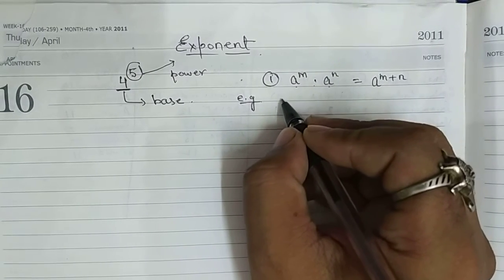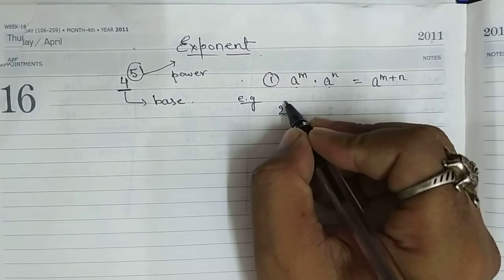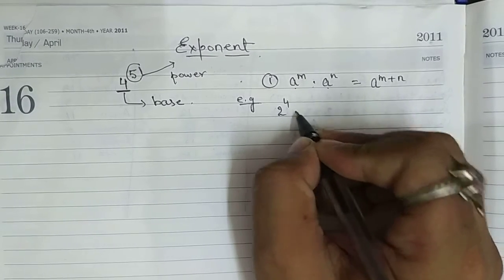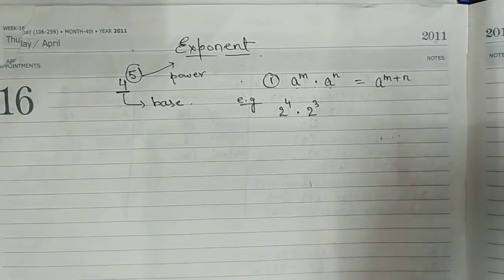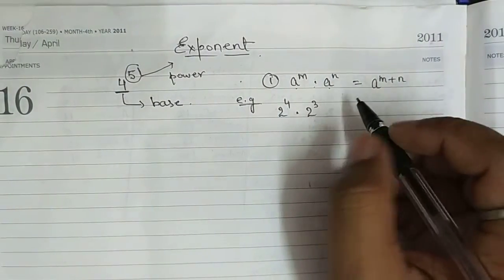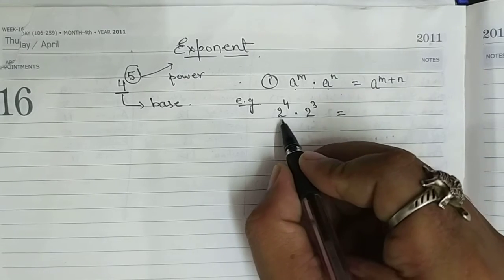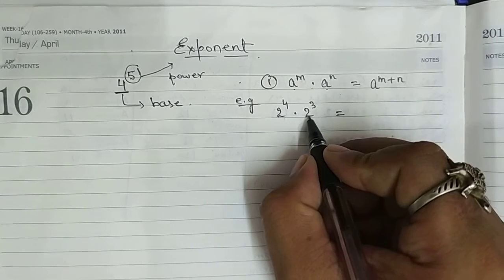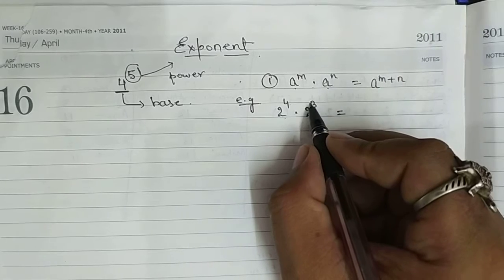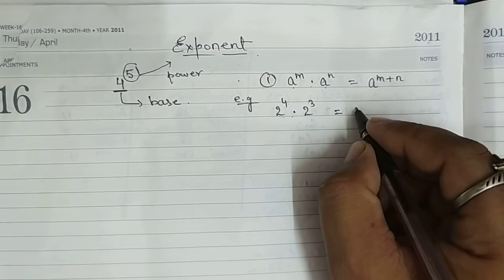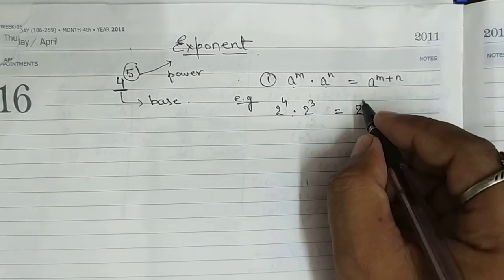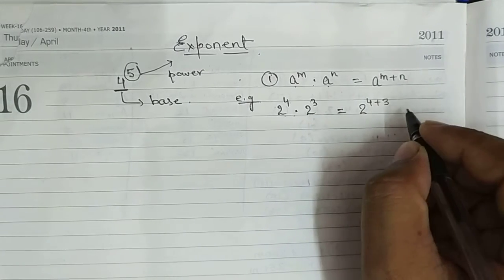Now, for example, if it is written 2 to the power 4 dot 2 to the power 3, and we have to solve it, then how are we going to solve? See, the bases are same, powers are different. In case of multiply, we are going to add the powers: 4 plus 3.